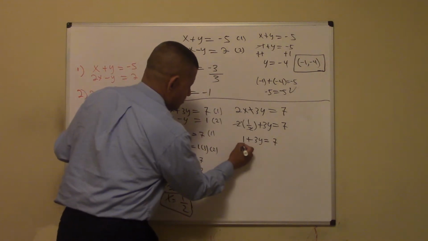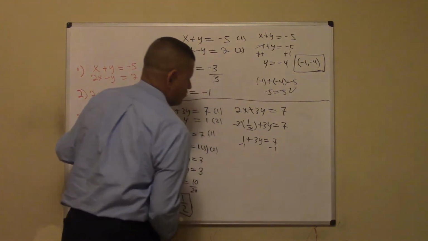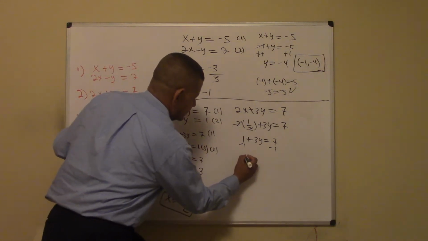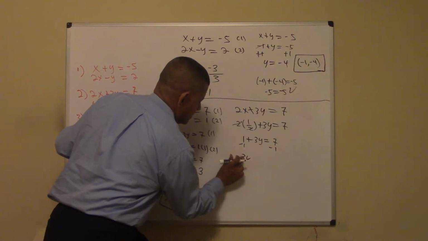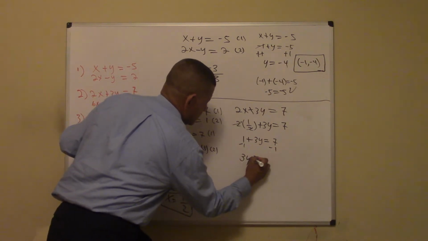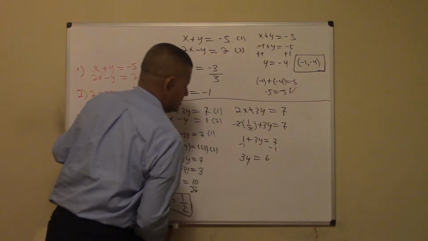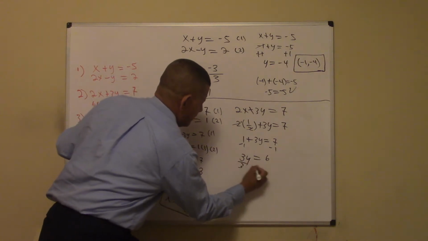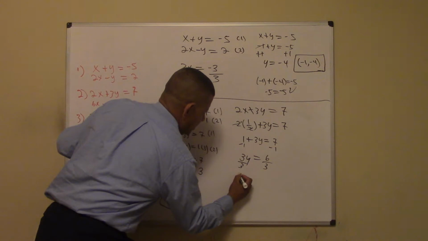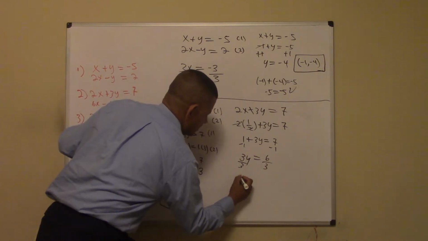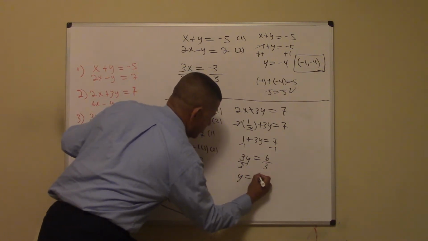Now if I subtract 1 on both sides, I get 3y equal to 6, and I divide by 3 on both sides. When I divide by 3 on both sides, I get y is equal to 2.